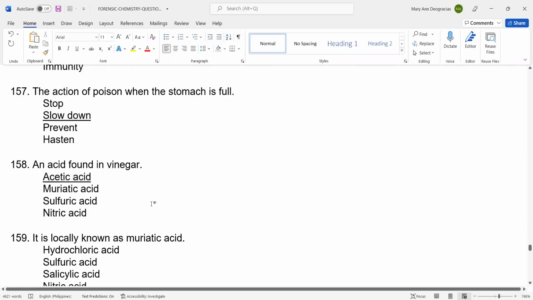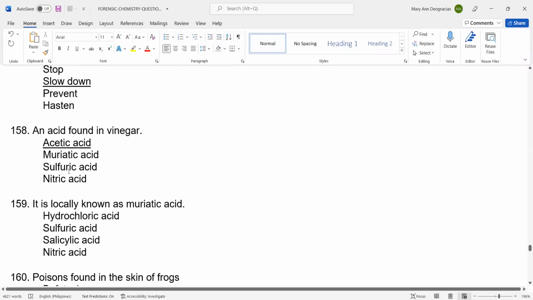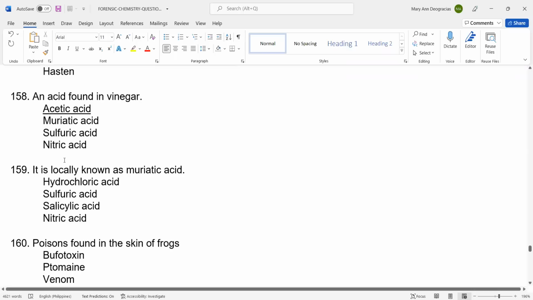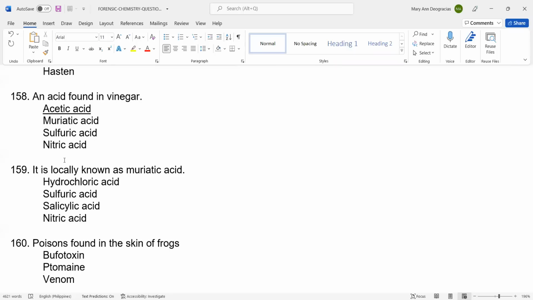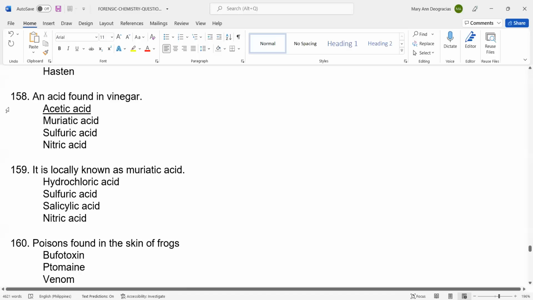Mga industrial acids yan. Sulfuric acid, yan yung nasa baterya ng masasakyan. Nitric acid is panlinis ng silver. Okay? It is locally known as muriatic acid. Okay, our muriatic acid is hydrochloric acid siya.